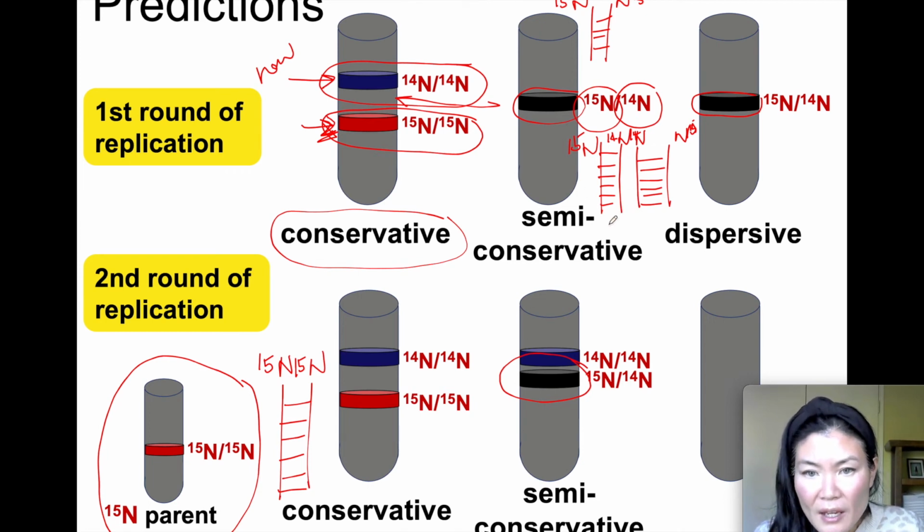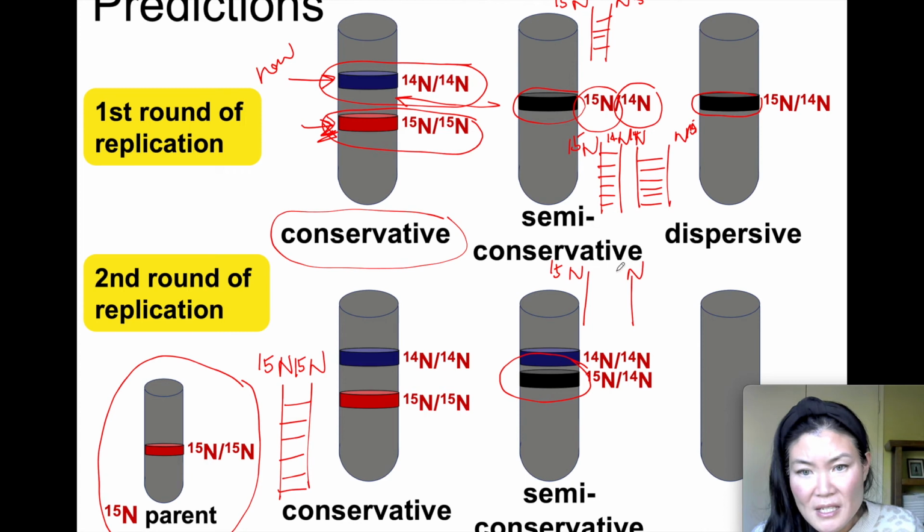For example, see up here: this is nitrogen 15, nitrogen 14, nitrogen 14, nitrogen 15. And then they split up, and I'll try my best to draw this. The nitrogen 15 acts as a template, that nitrogen 14 acts as a template, that nitrogen 14 acts as a template, and that nitrogen 15 acts as a template.